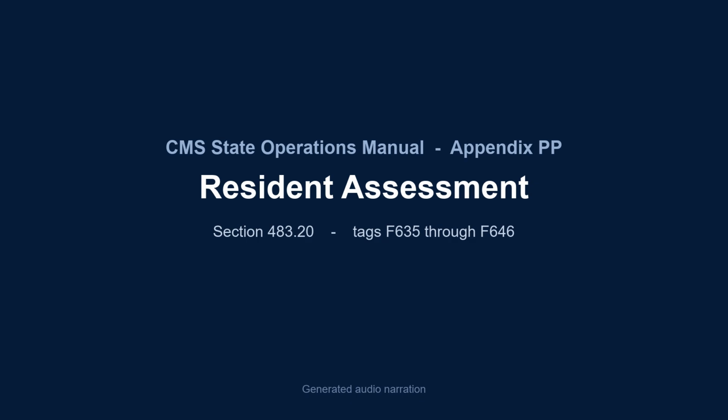The Level II PASAR cannot be conducted by the nursing facility. Each state Medicaid agency has specific processes for conducting Level I screens and Level II PASAR evaluations and determinations.